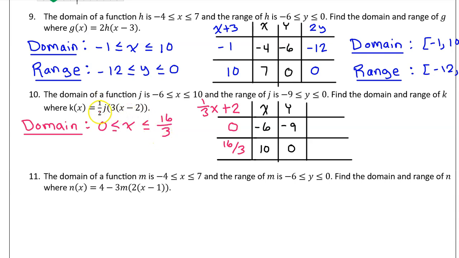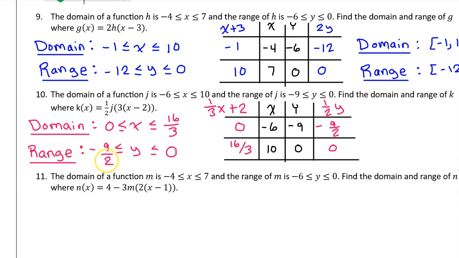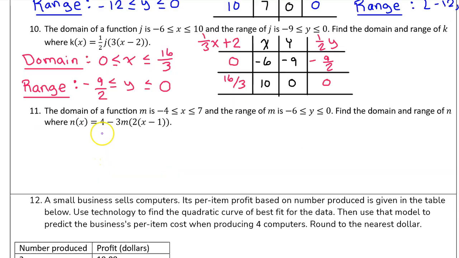The transformations that affect the y values are outside the function. This 1/2 means 1/2 times all the y values. Half of negative 9 is just negative 9/2. Half of 0 is 0. So the new range will be from negative 9/2 to 0.